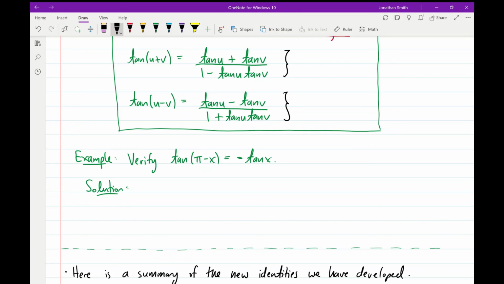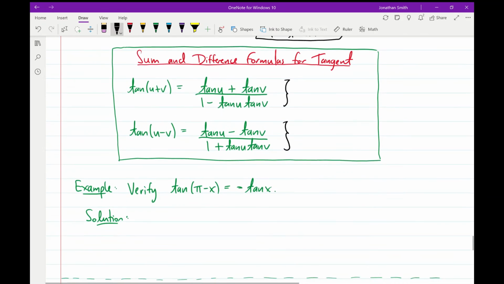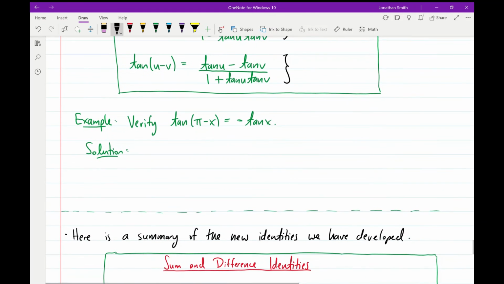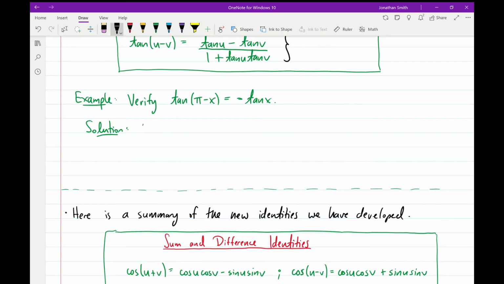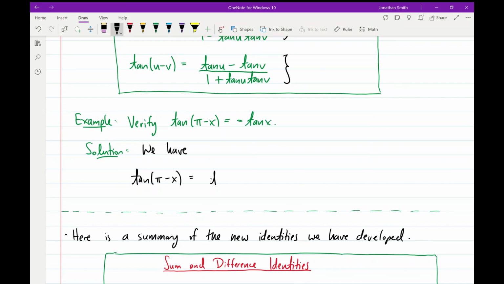All right, so the last example we're going to do, using the sum or difference formulas of tangent now, we want to verify the identity that says that tangent of pi minus x is equal to negative tangent x. All right, so we have tangent of pi minus x is equal to, now we're going to use the difference formula, and we get tangent pi minus tangent x over 1 plus tangent pi times tangent x.